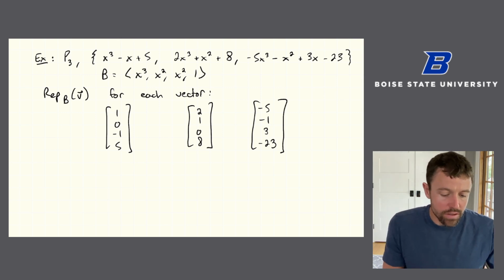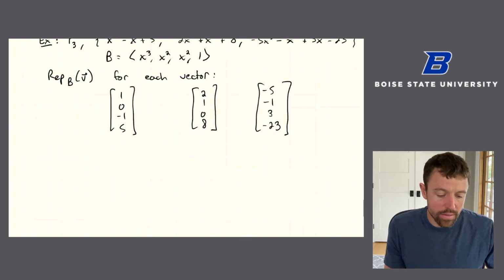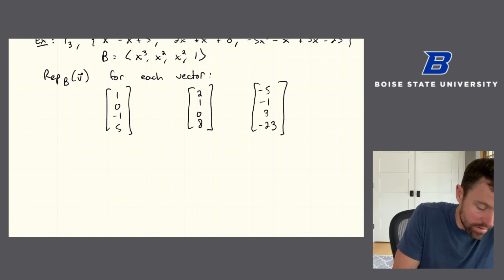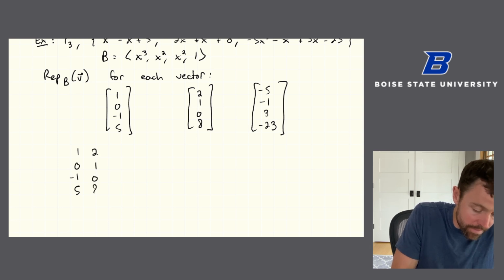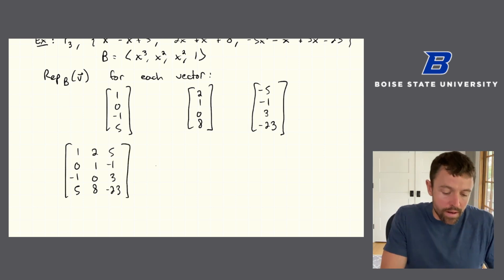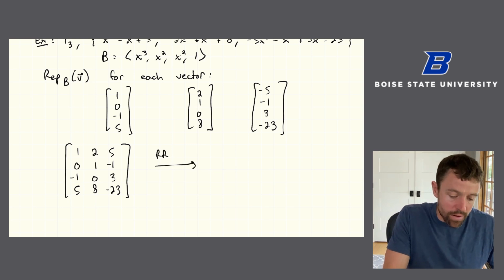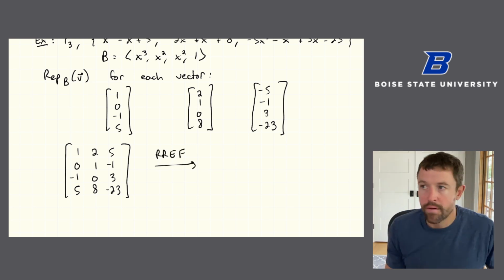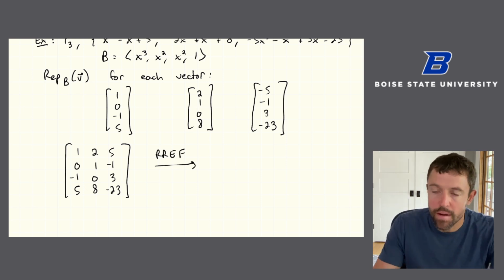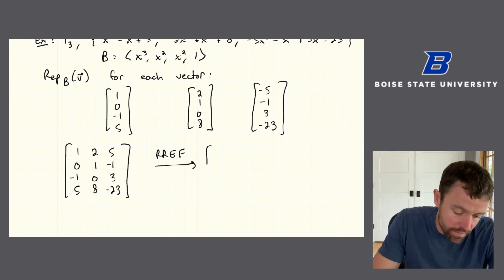How do we do this? We write our vectors as the columns of a matrix. And we convert that matrix to reduced row echelon form. I'm not going to go through the process of actually doing this conversion.